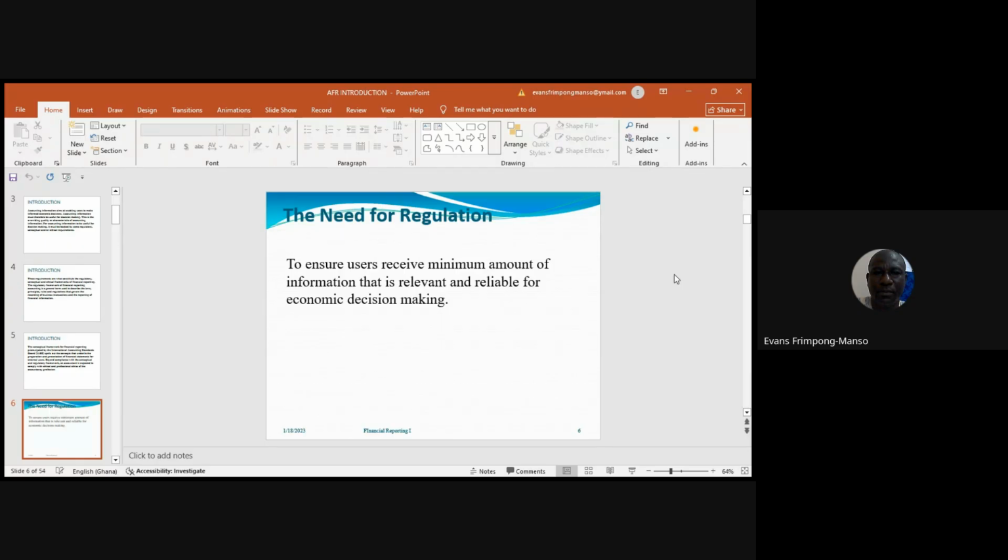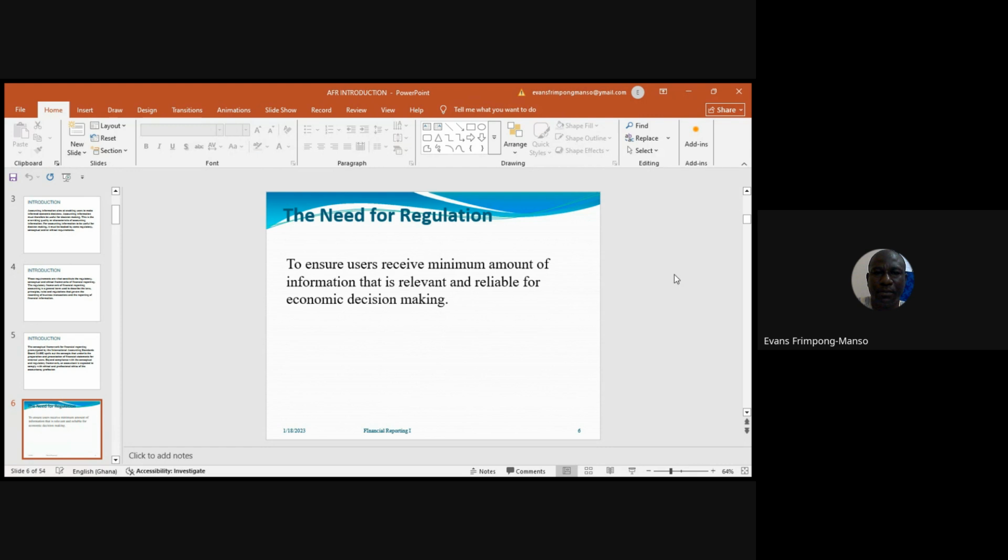earlier I mentioned that the financial statements are prepared for users. Very soon, we will know who are the users of the financial statement. So these financial statements are prepared for users of those statements.